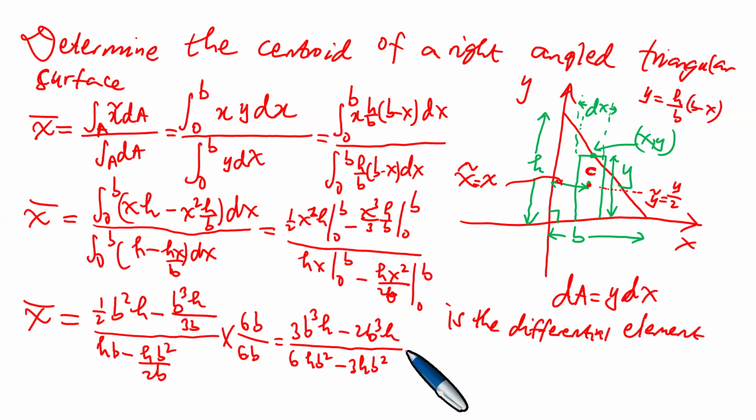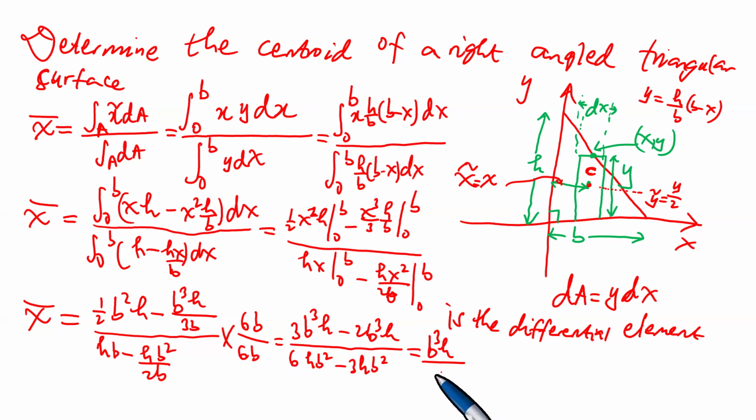Okay, now at this point, if you factor out, for example, the b cubed and the h, these are like terms anyhow. So from the 3, you take 2, and then you're going to have only b cubed h. These are like terms again.